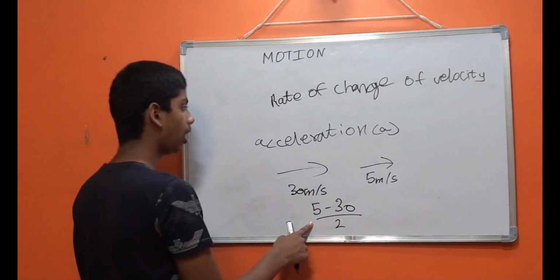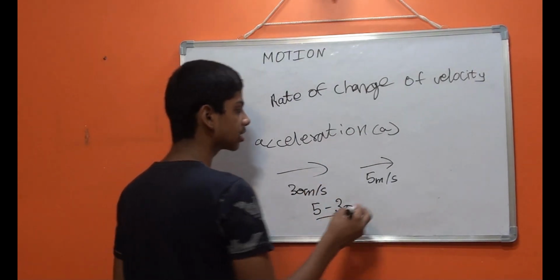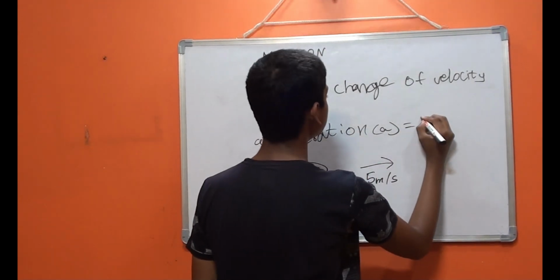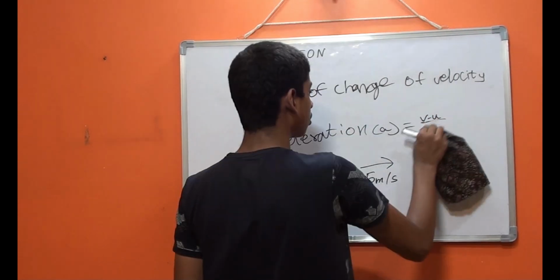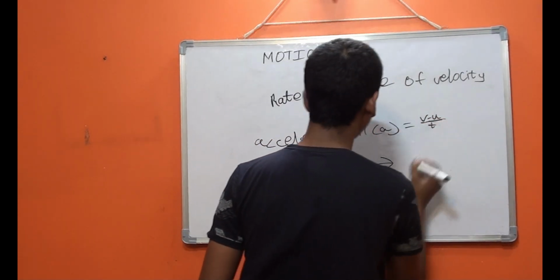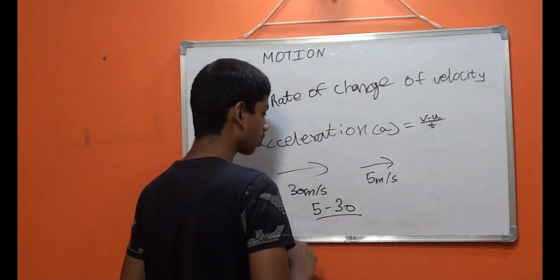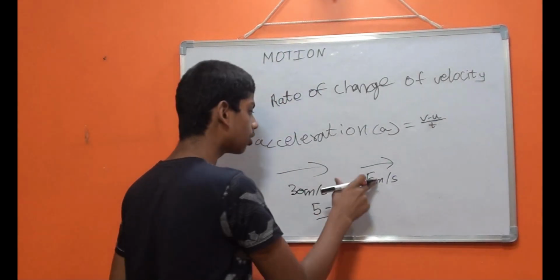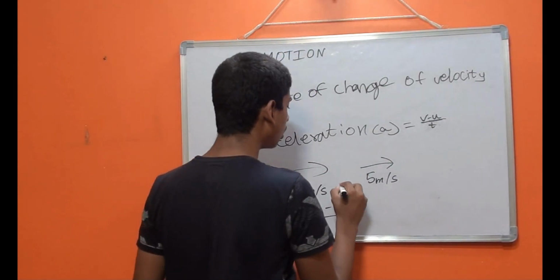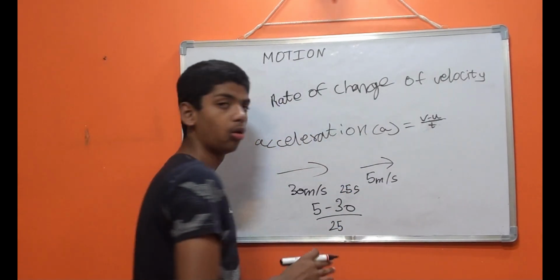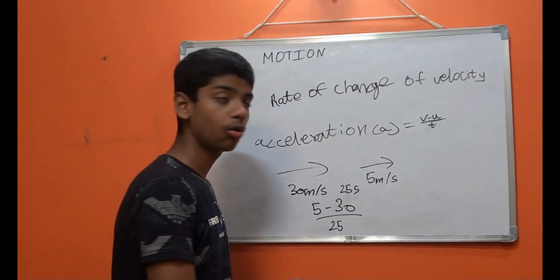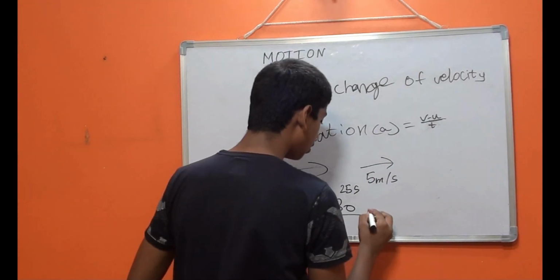The formula for acceleration would be final velocity minus initial velocity, divided by time. Let's take the time from here to here as 25 seconds. Now what would be the acceleration?